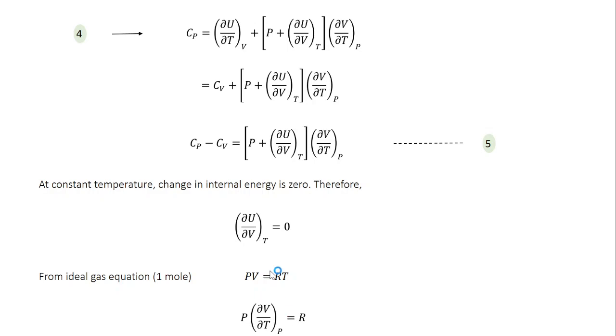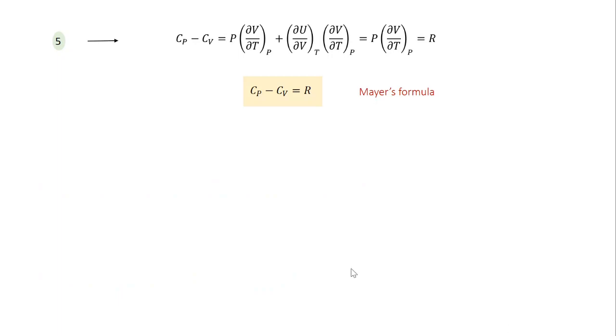Now using these two results you can simplify equation 5. Equation 5 is Cp minus Cv equal to P into ∂V/∂T at constant pressure plus ∂U/∂V at constant temperature into ∂V/∂T at constant pressure. This term we have shown to be 0. ∂U/∂V at constant temperature is 0, so this term gets cancelled.